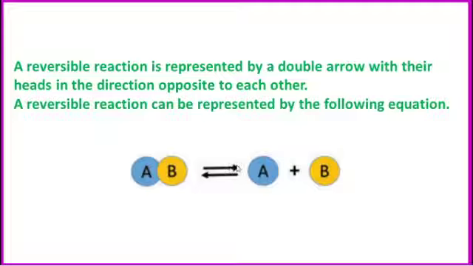Forward and backward reactions both occur. In this reaction, AB is the reactant, which is converted into A and B. In the reverse reaction, A and B react together to form AB.